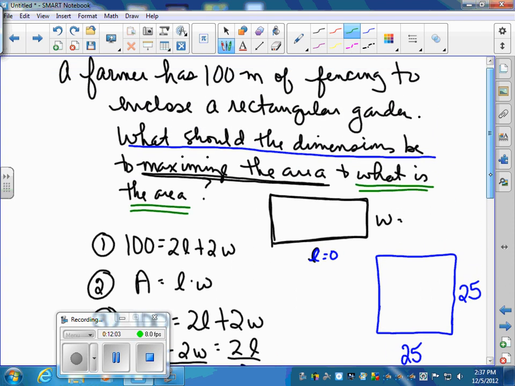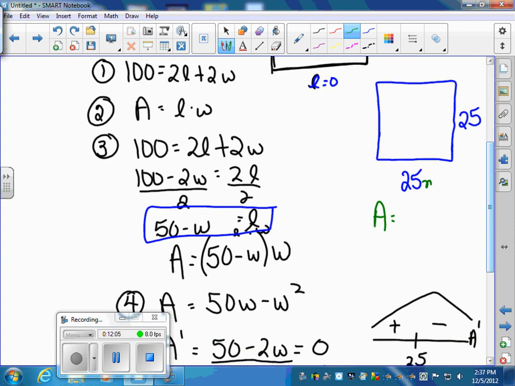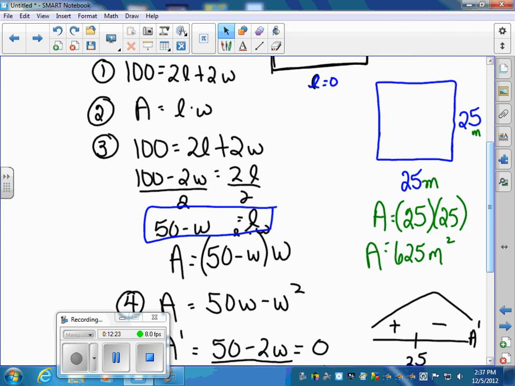Those were 25 meters. The dimensions of the square would be 25 by 25, and the area would be 25 times 25, which would be 625, and that would be square meters. So that was the last part to that problem.